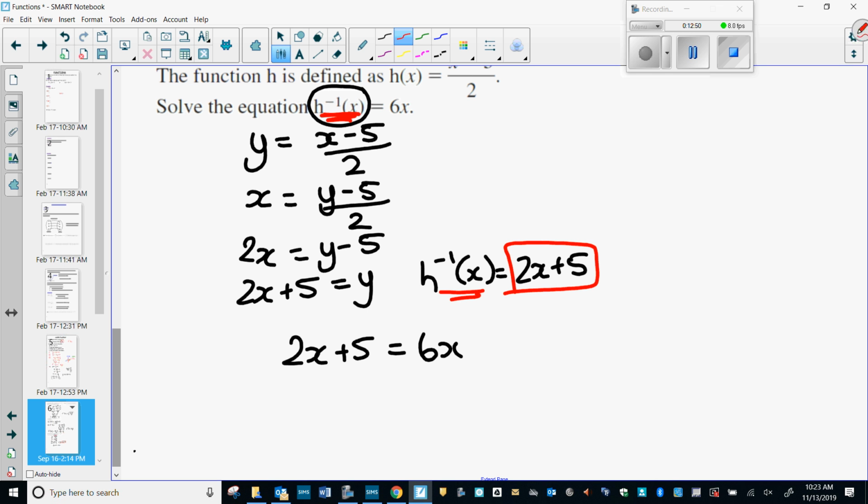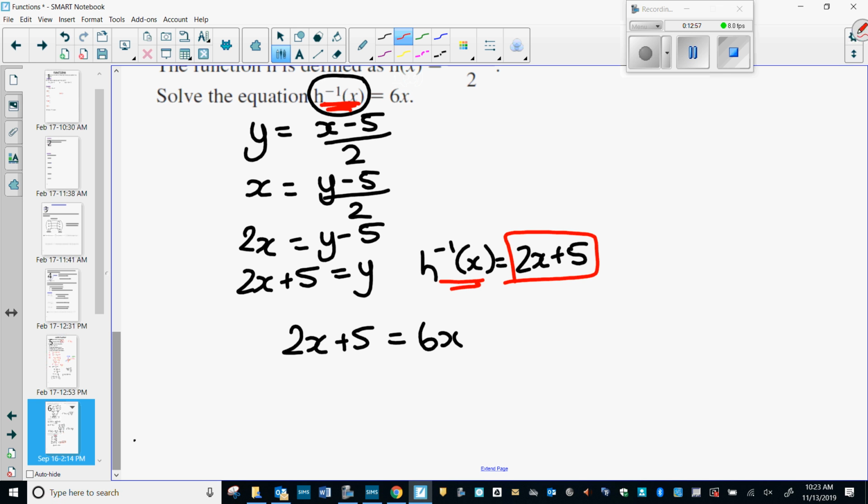Does that make sense? Then we have to solve it. Now I can see I've got more x's on this side than this side, so I'm going to take away 2x from both sides. So I've got 5 is equal to 4x. And then I need to get x on its own, so I need to divide by 4. So x is equal to 5 over 4.